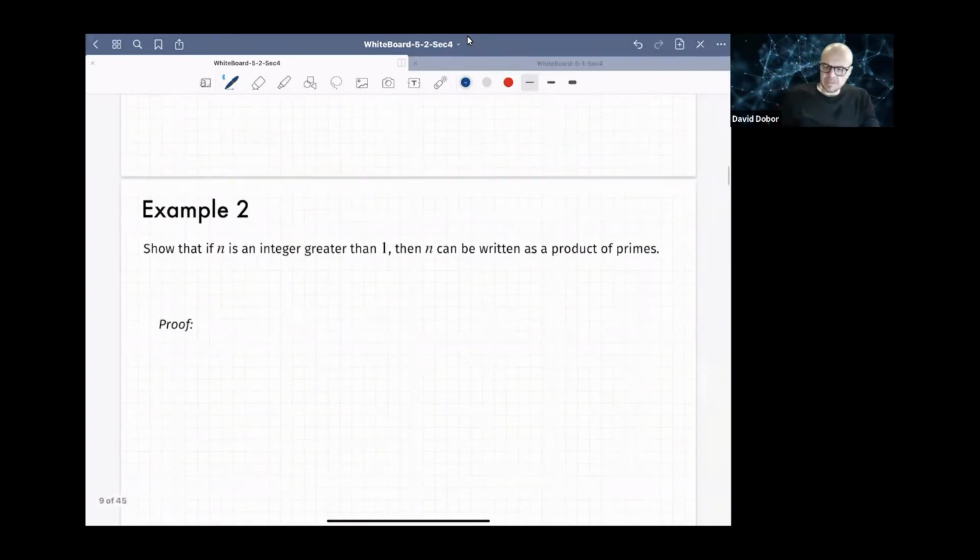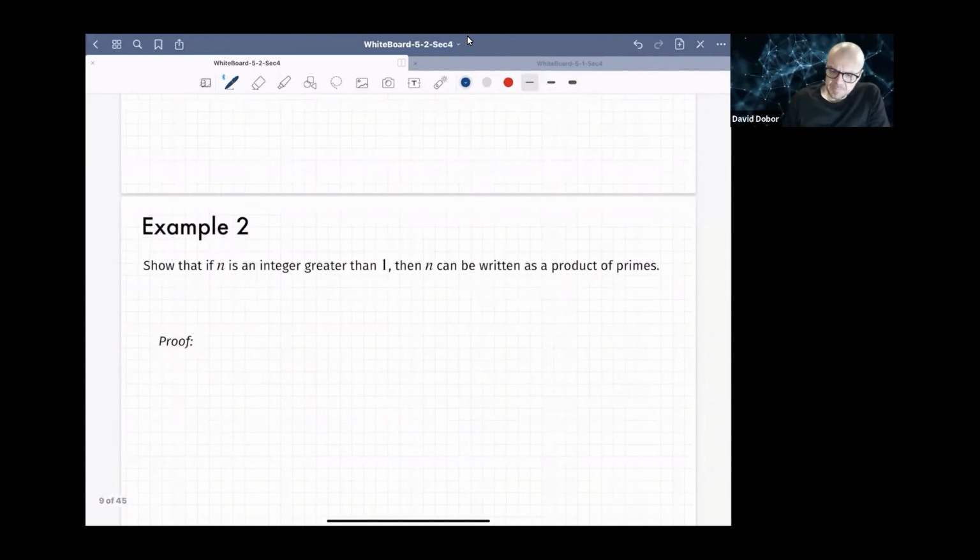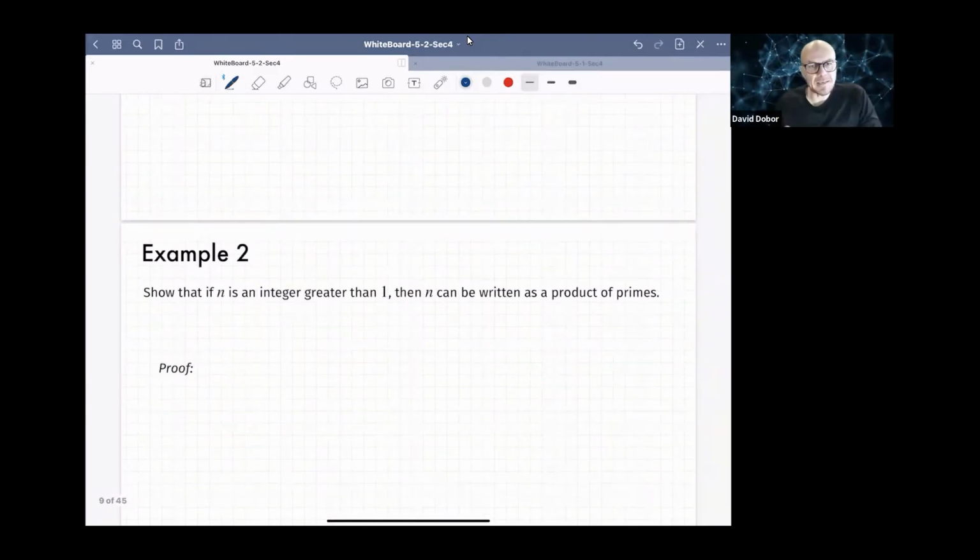So let's do this example here. Now we're going to prove something using strong mathematical induction. You know the fundamental theorem of arithmetic, that every integer n greater than 1 can be represented as a product of primes in a unique way, up to the order of the terms that you're multiplying.